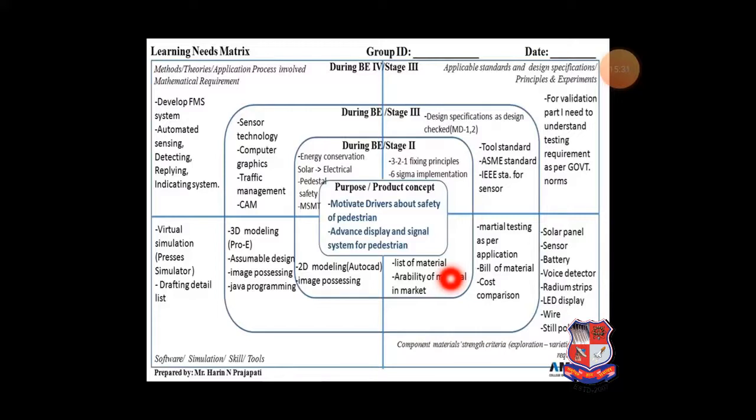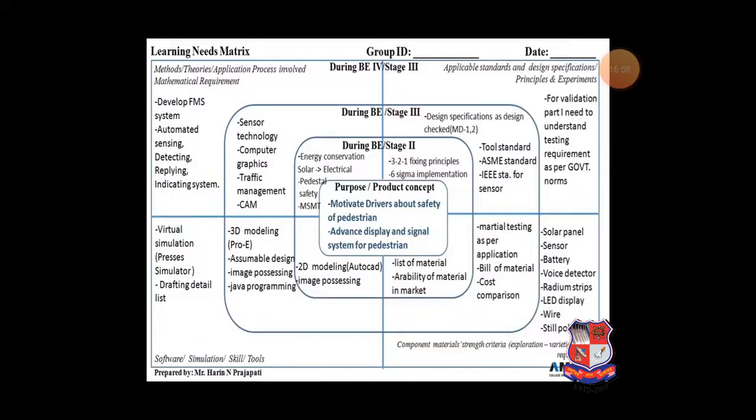And in sheet number 4, we directly indicate the final components after the function and features. So this is the final list of materials. Then the availability of the particular material in the market, that we have to check. Then material testing is required, then bill of material, cost component checking, and this is the final product that we finally utilize for our project.